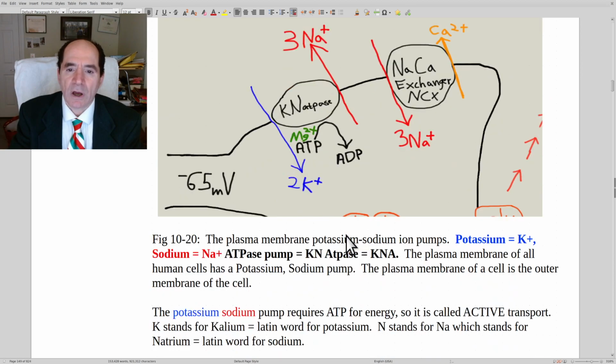Okay, now we're going to talk a little bit about the plasma membrane sodium potassium ATPase. And this is super important. What we need to know about it is relatively straightforward. I drew this, actually, that's the resting membrane potential of a neuron, but here's the point. The potassium sodium ATPase pumps out more positive charge than is brought into the cell.